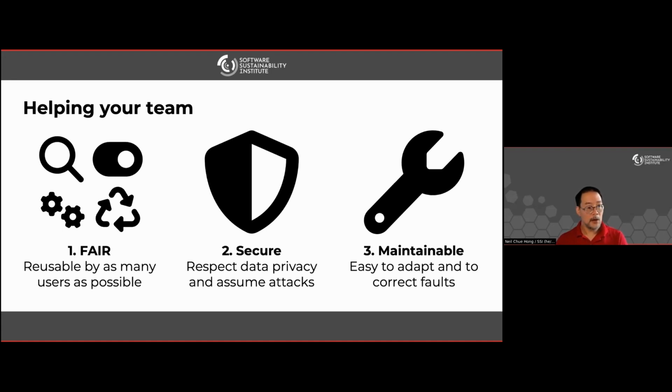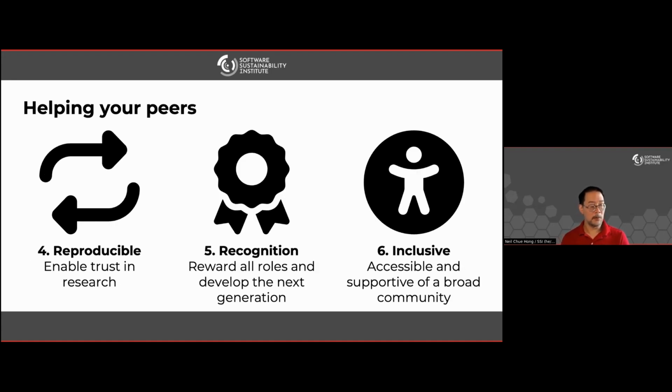The second set of 3 principles are about helping your peers. So this is about making sure that other research software engineers benefit from the way that you do things. So one is to make sure that your software is reproducible.